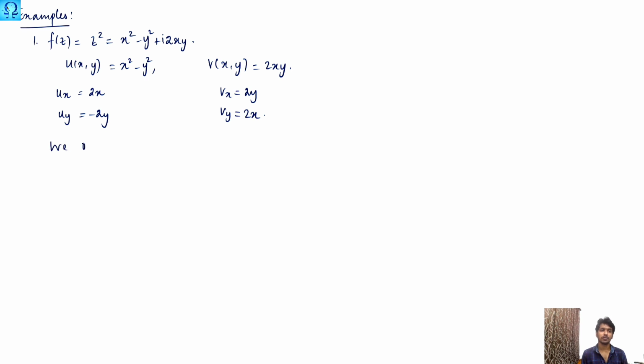We observe that ux is vy and uy is minus vx for all points in R2, because we are taking an ordered pair xy in R2.